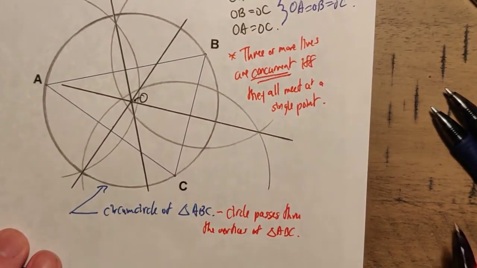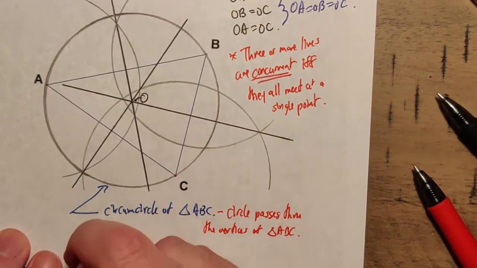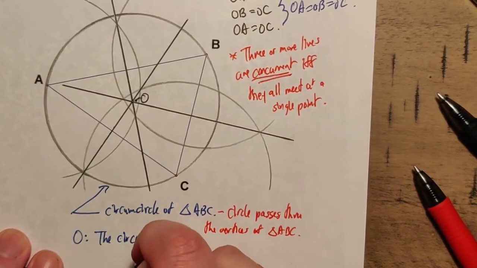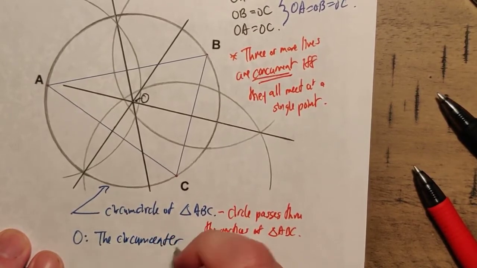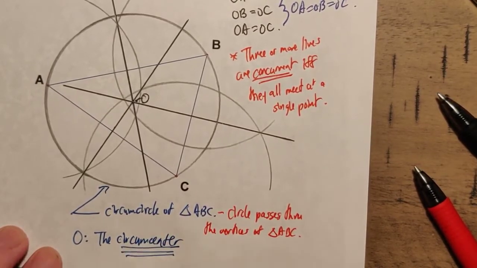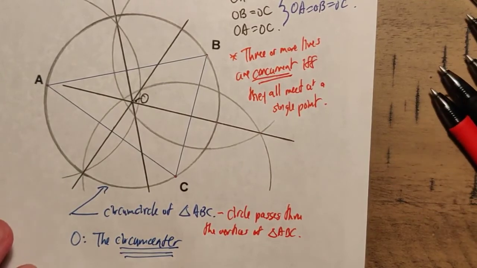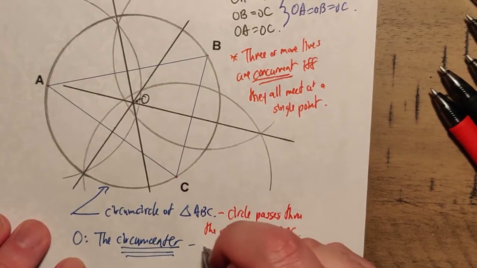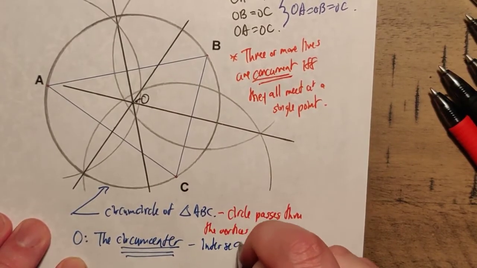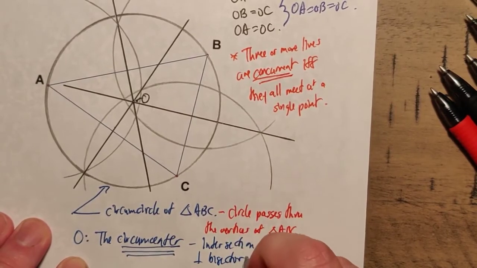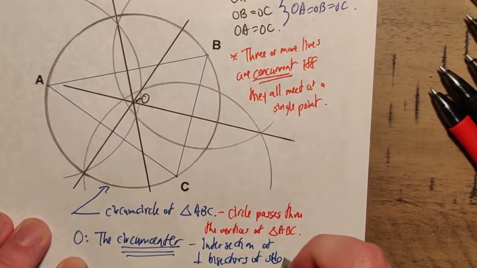So we call point O here, I'm going to write this down, O, this is known as the circumcenter. So O is known as the circumcenter here, okay? So O is the circumcenter, and this is the intersection of the perpendicular bisectors of the sides.